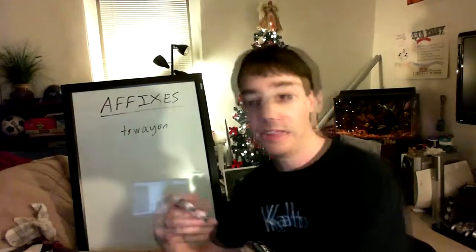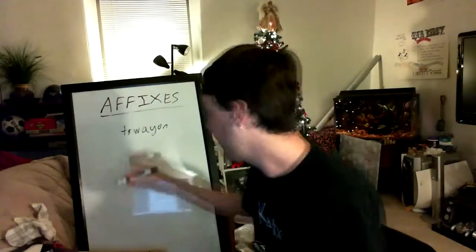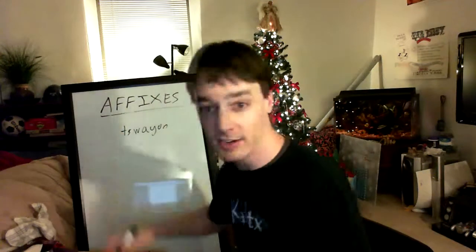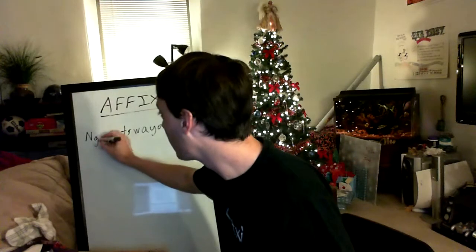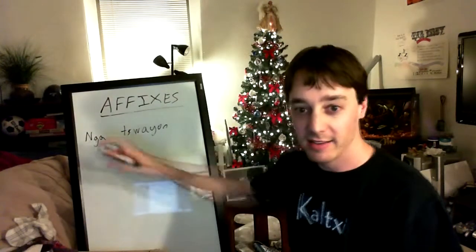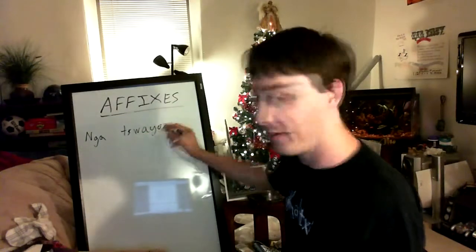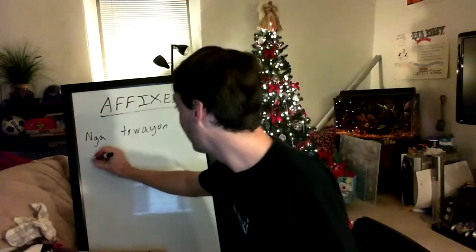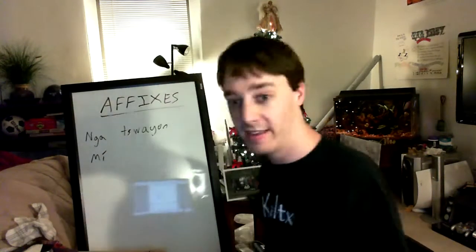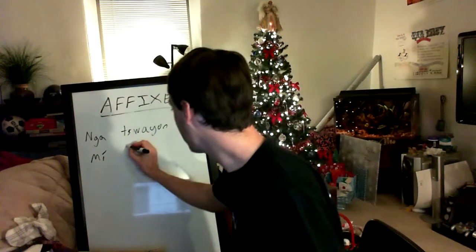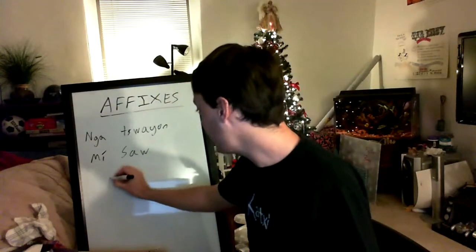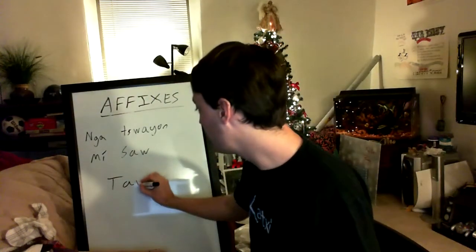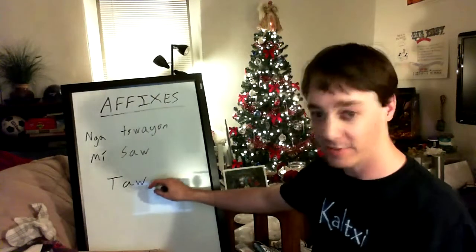And the pronoun, sorry, we were doing "nga," you. So nga, you. Swayon, fly. Me is in. And sky is actually "tau." That's the noun for sky.